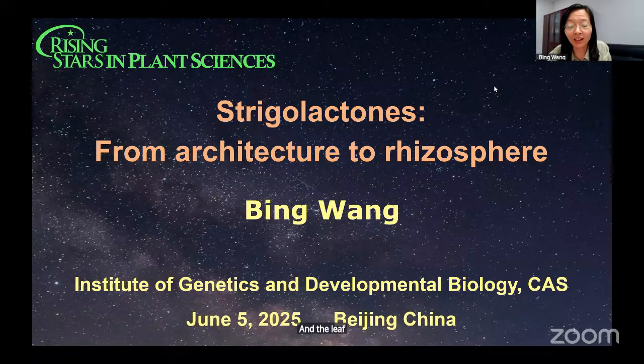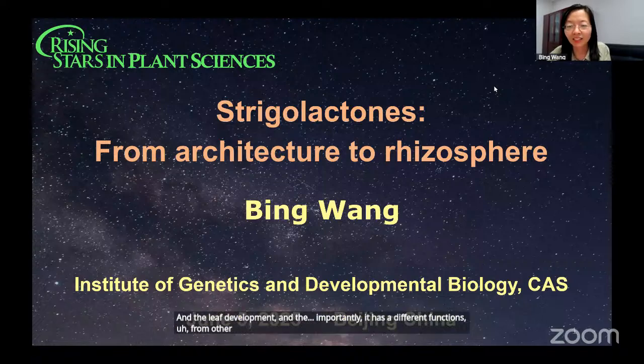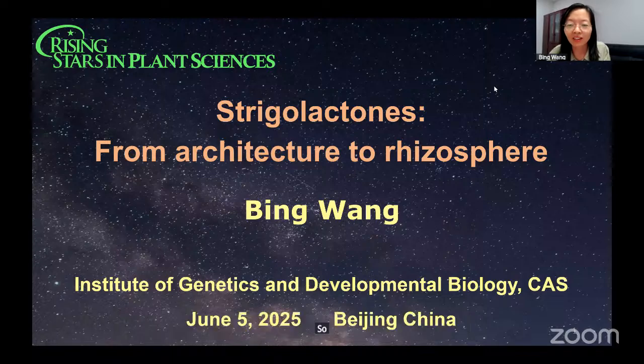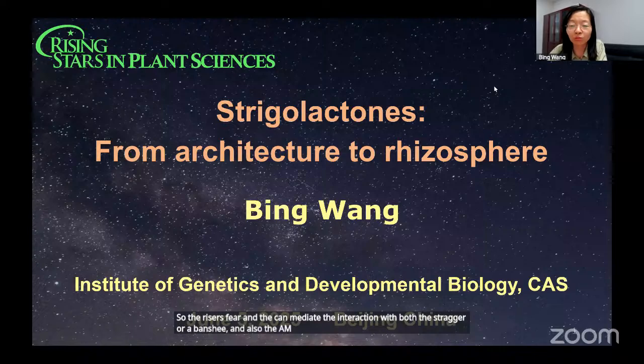And importantly, it has different functions from other hormones in that it can be secreted from the root to the rhizosphere and can mediate the interaction with both Striga or Orobanche and also the AM fungi. That's to say it is important for both parasitism and symbiosis.